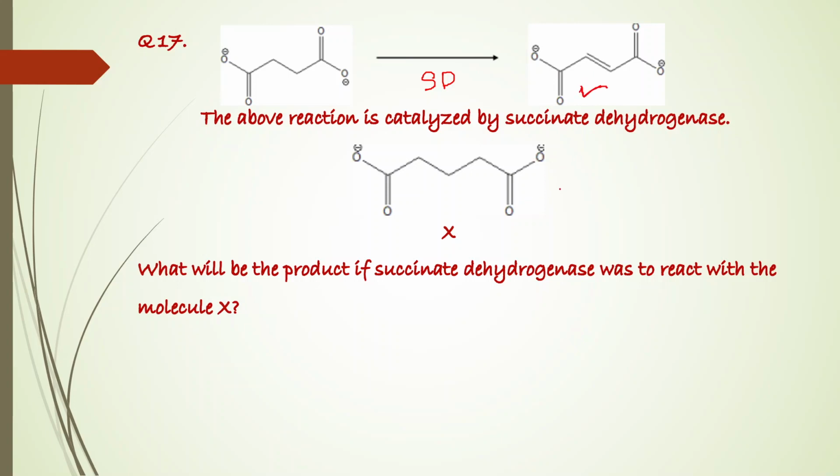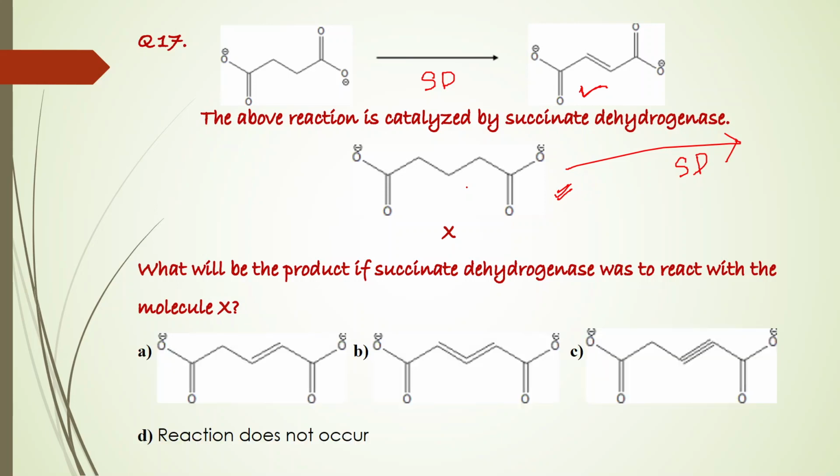Then they are saying this is another X molecule. Now you are adding succinate dehydrogenase to this X molecule. After reaction of X molecule with succinate dehydrogenase, what will be the product?